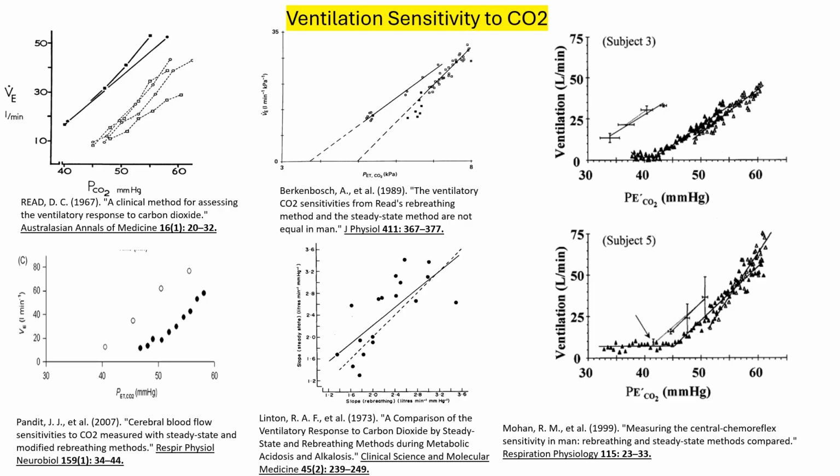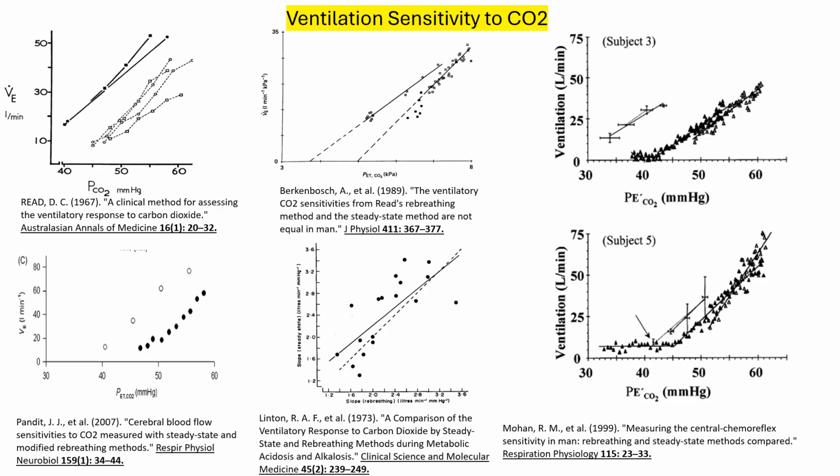They found that indeed the Reed rebreathing method sensitivities were higher than those obtained using the steady-state method, in contrast to Reed's findings, and suggested that CO2 washout with increasing blood flow was the cause.